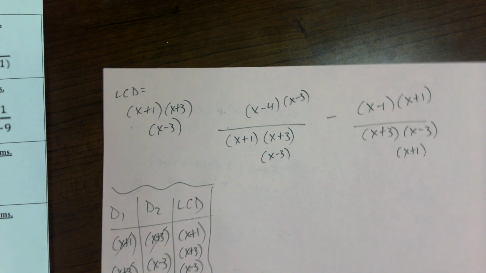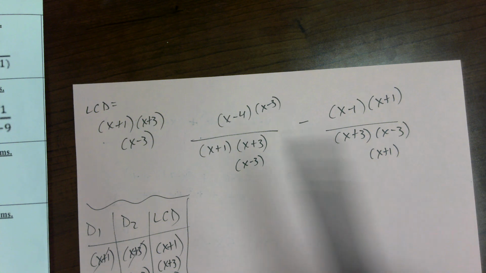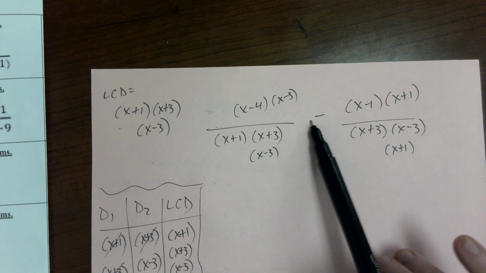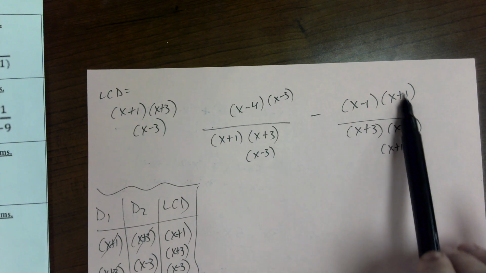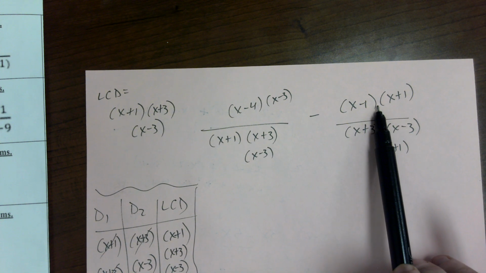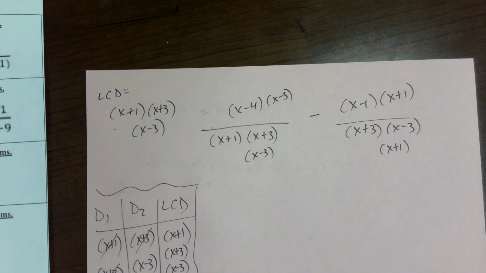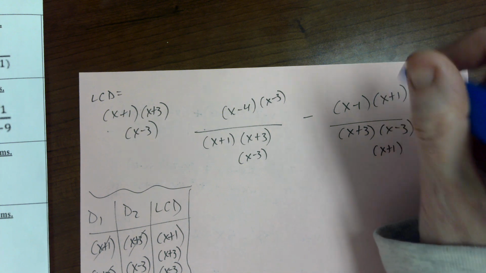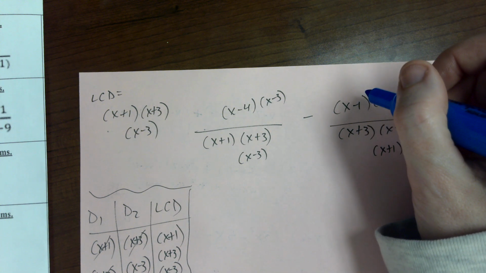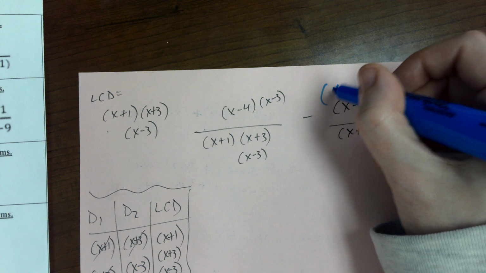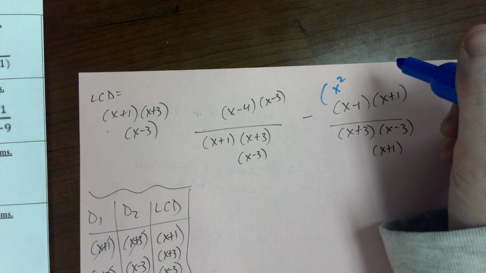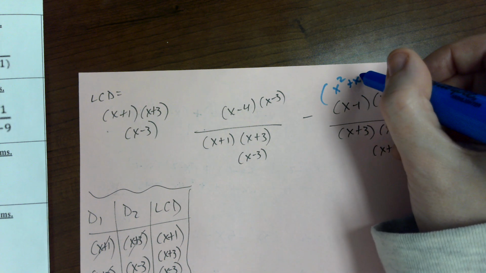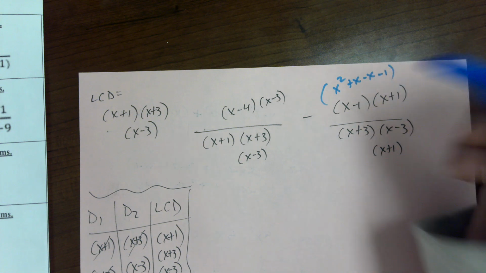All right, guys, now I'm going to do some distribution on the top, and I've got to be careful because of this minus. When I distribute these, the result I need to keep wrapped in parentheses. Okay, so parentheses, x squared plus x minus 1.